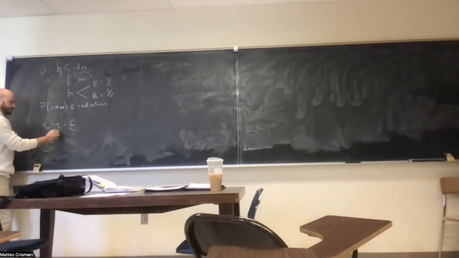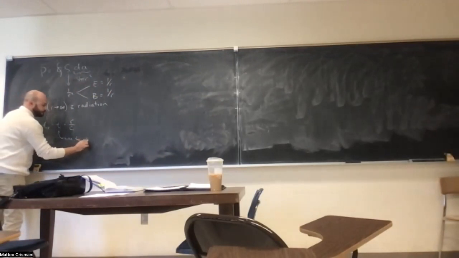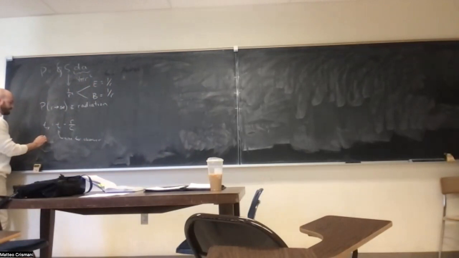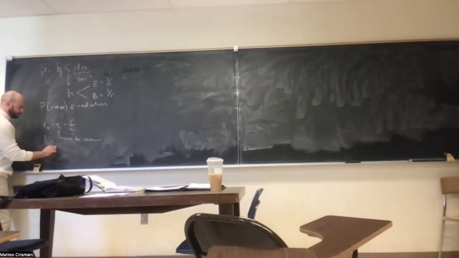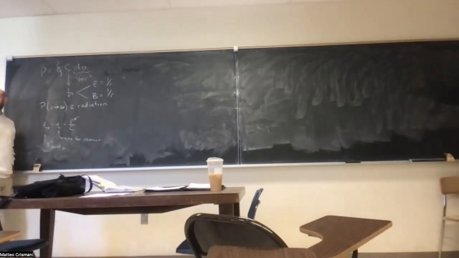This is the current time, the time for the observer, and this is the time at the point R. And this is R, some distance.